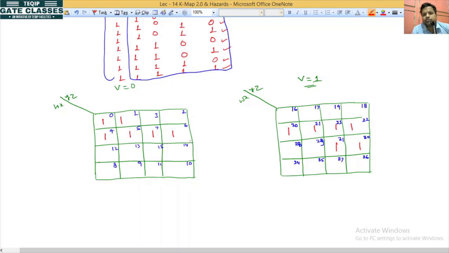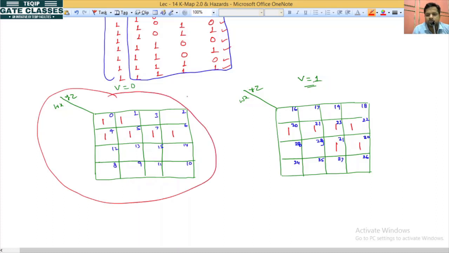Now I have to perform grouping in these 32 cells. How do we perform it? Actually it is like this: it has two planes. So place this K map on top of the v equal to 1 K map.